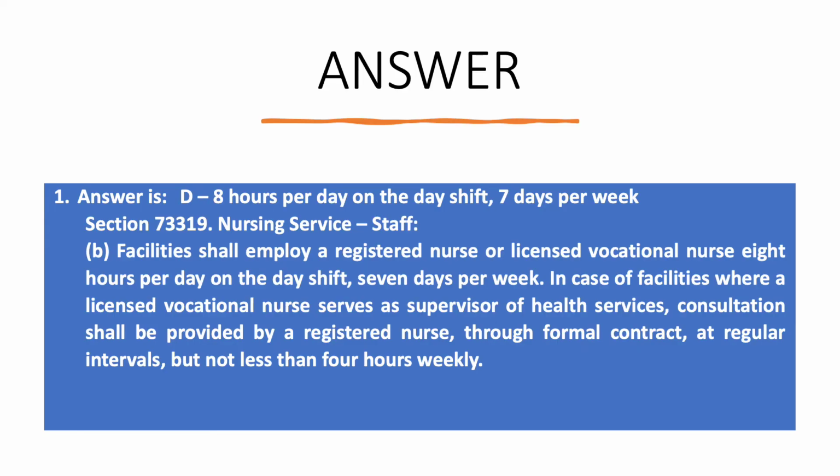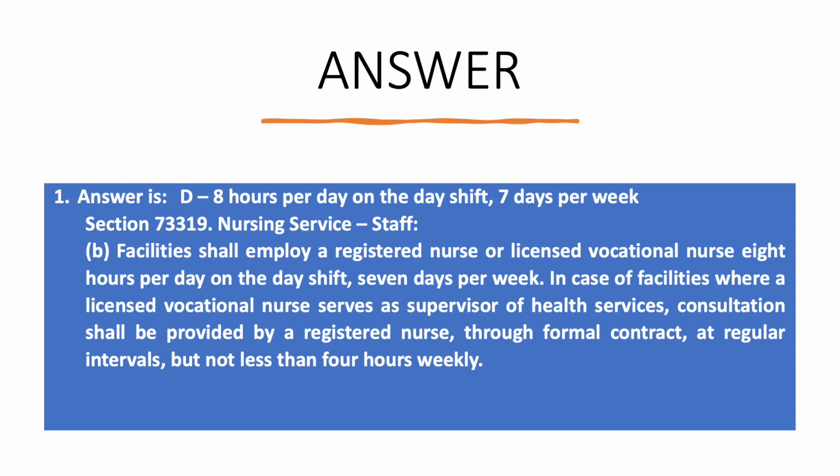All right, so if you guessed answer D, 8 hours per day on the day shift, 7 days per week, you were correct. And that's found in section 73319, nursing services staff. Under subsection B, facilities shall employ a registered nurse or licensed vocational nurse 8 hours per day on the day shift, 7 days per week.